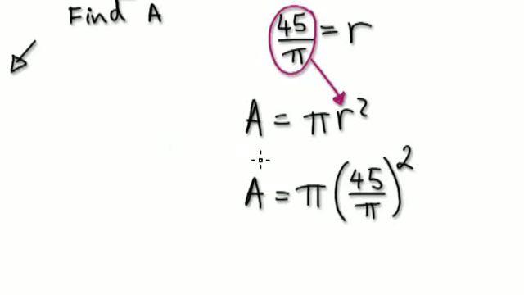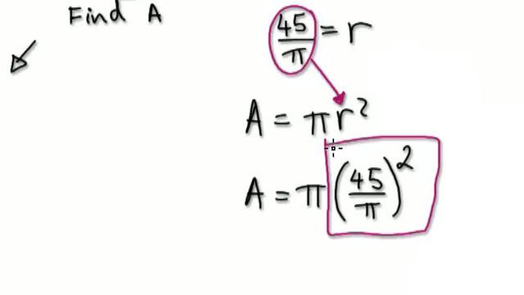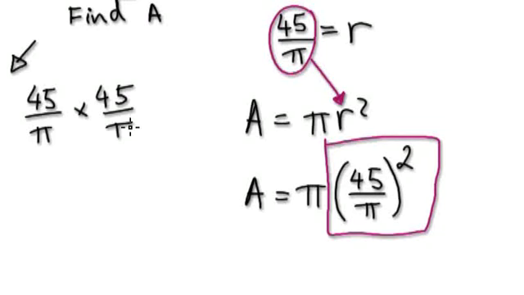I can't do this in my head, so let's work out this bit here, because it's quite complicated. This means 45 over pi times 45 over pi.